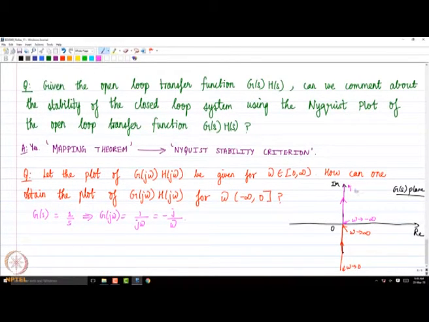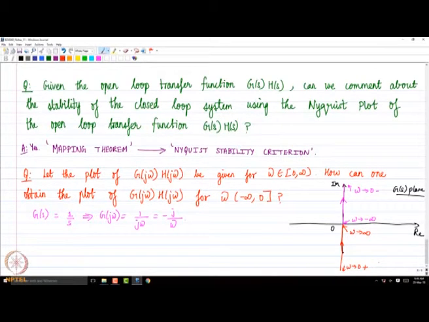This is omega tending to 0 minus. I am just going to put a 0 plus and 0 minus to indicate from which side I am coming to 0. 0 plus means I am going to 0 from the right. 0 minus means I am coming to 0 from the left, the negative side.